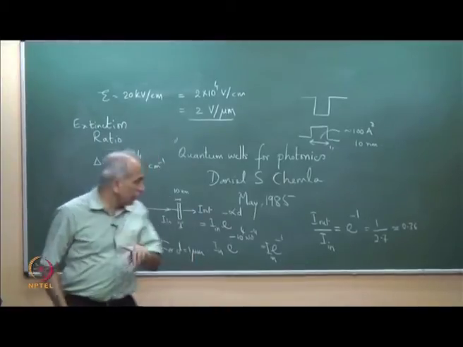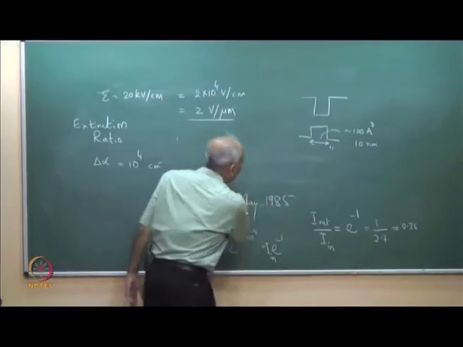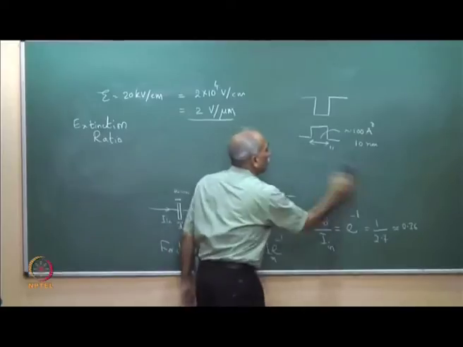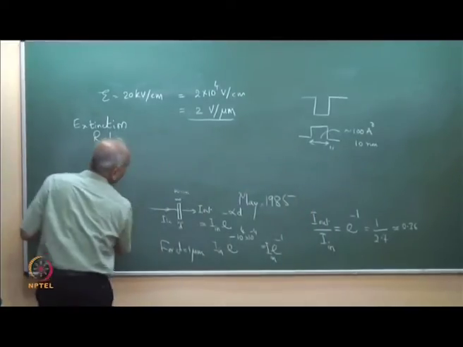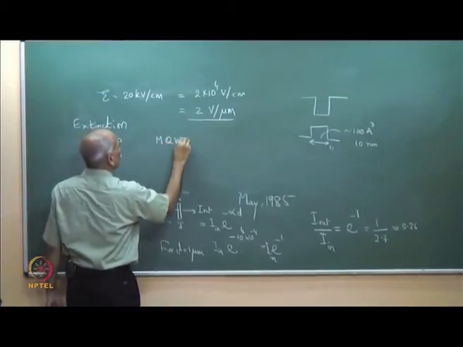Indeed, the first devices in the early 1980s, 1984, 1985, used quantum wells. One of the early experiments at Bell Labs used multiple quantum well structures, MQW structures.